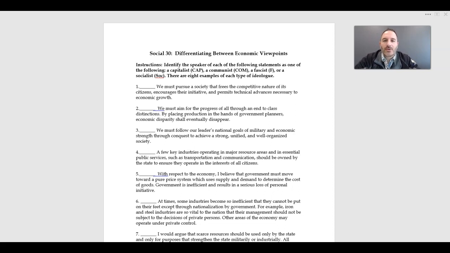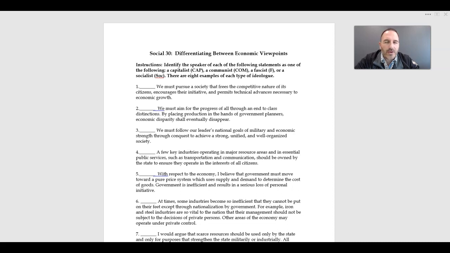And now what we're going to do is look at a series of statements, and identify these statements as far as their position on the economic spectrum.